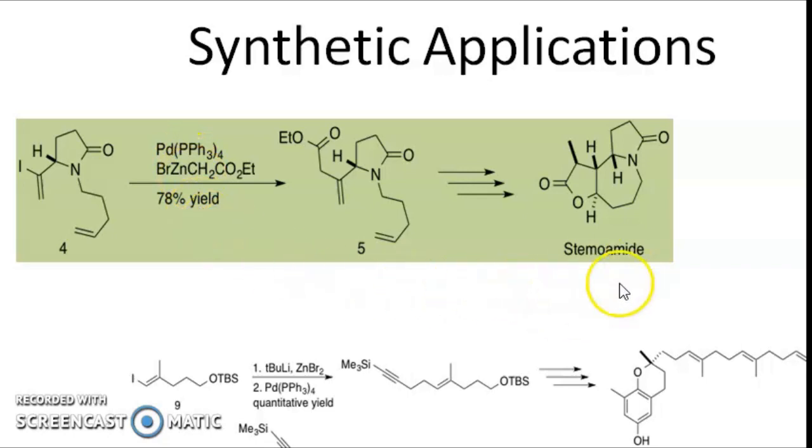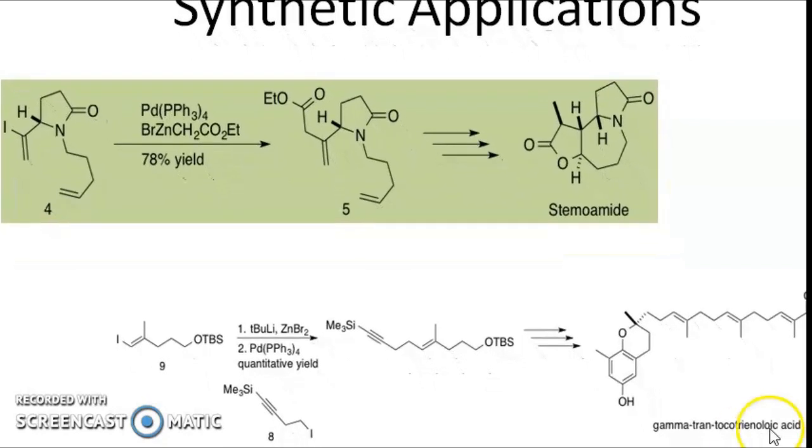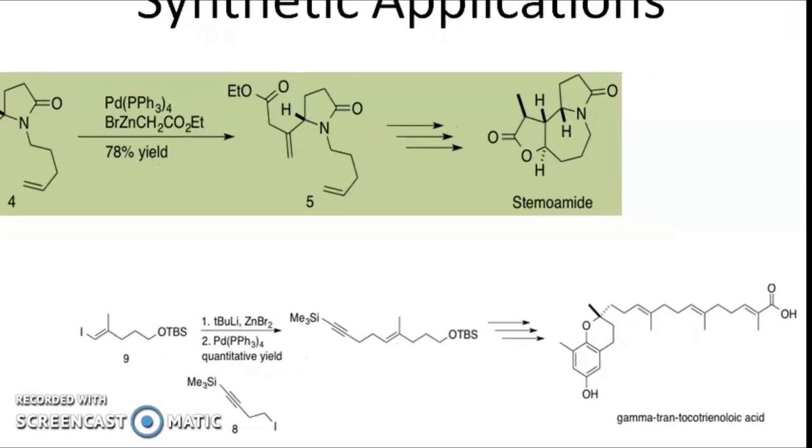Okay, now another example is the synthesis of gamma-trans-tocotrienoloic acid. This particular compound inhibits DNA polymerase beta, which is found during DNA repair.